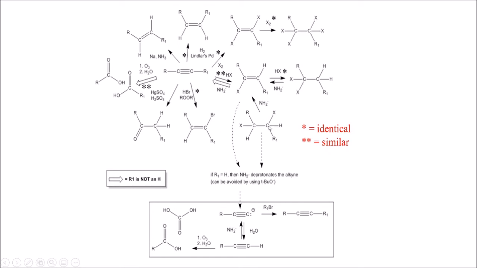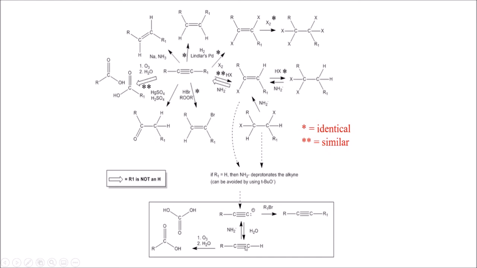Also, we looked at what happens if we take the alkene with a halogen and we try deprotonating that with amide. This white arrow tells me that if this R1 group is a hydrogen, then something else is going to happen. And we have to go down to this box right here.